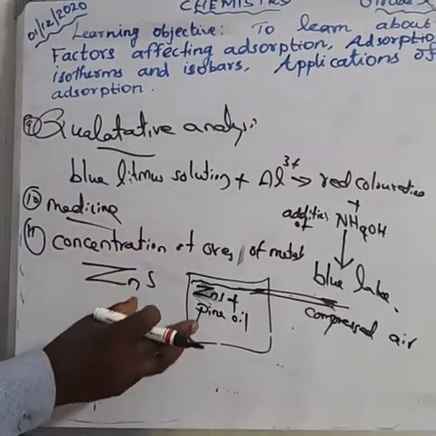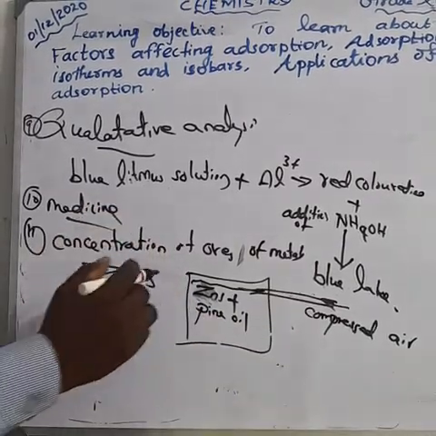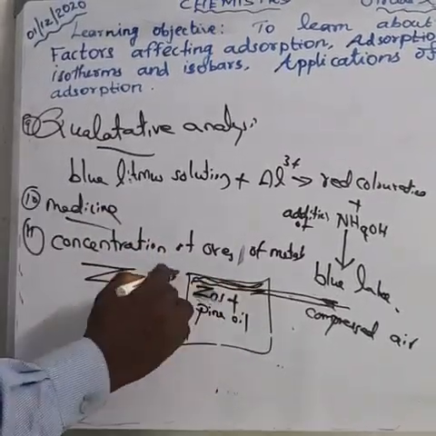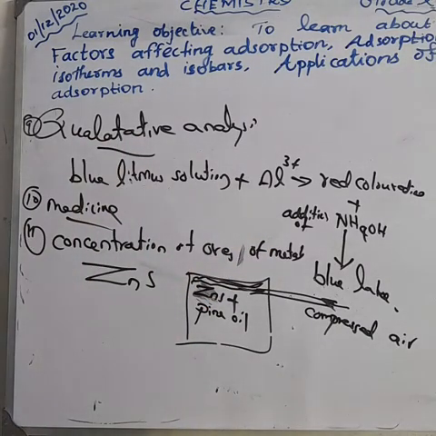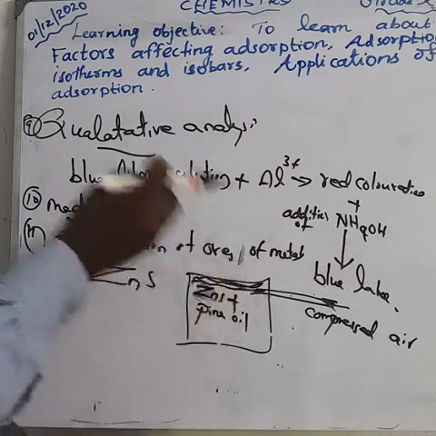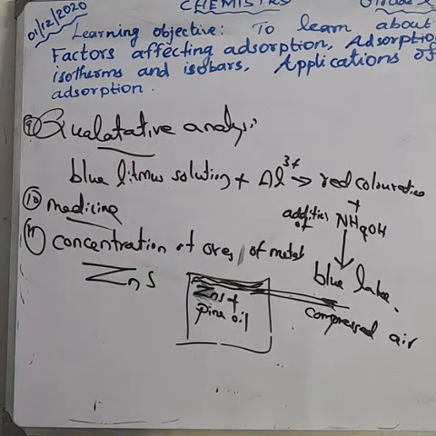The sulfide ore is wetted by the pine oil, and at the top of that solution we form the froth. The froth is skimmed off with the sulfide ore. This process is also based on adsorption.